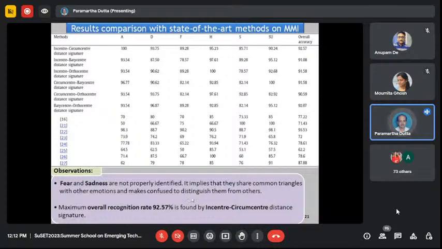A possible overlap may be one of the reasons, because one triangle has overlap with another triangle, so this type of syndrome appears. It may be so, but it is very difficult to interpret otherwise. The maximum overall recognition rate of 92.57% is found by the in-center, circumcenter, or IC distance signature, so far as the MMI dataset is concerned.